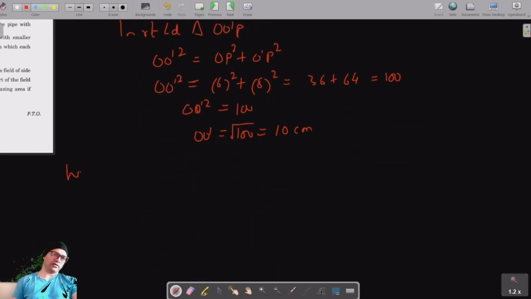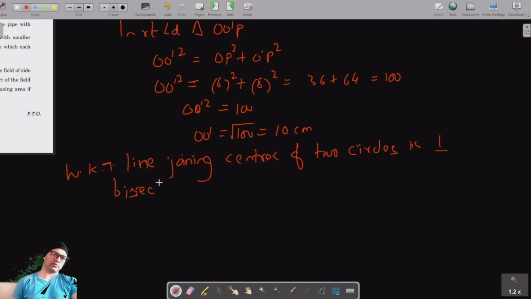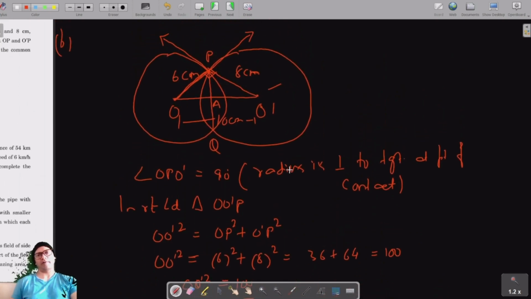Okay, now we know that we have done this in class 9, that the line joining the centers of two circles is the perpendicular bisector of the common chord.